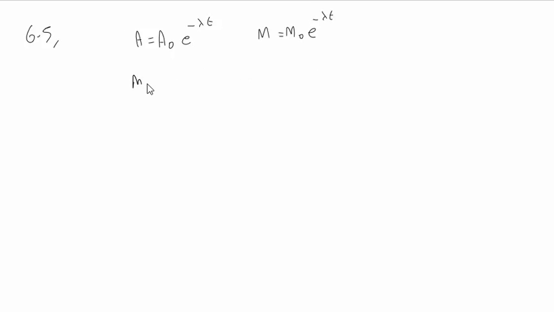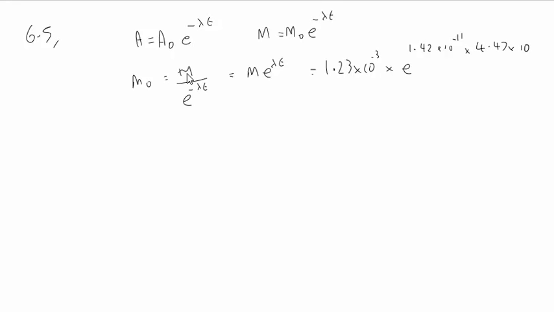So we're after mass naught, which is mass over e to the minus lambda t, or is just mass times e to the lambda t. So the minus sign just means this is on the wrong side of the line. That is then 1.23 times 10 to the minus 3 times e to the 1.42 times 10 to the minus 11 times 4.47 times 10 to the 9.